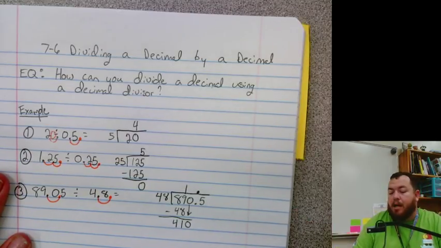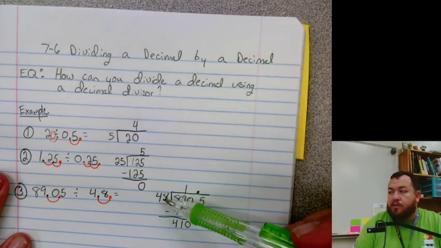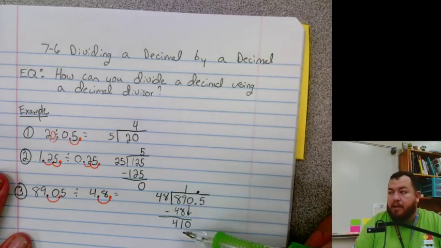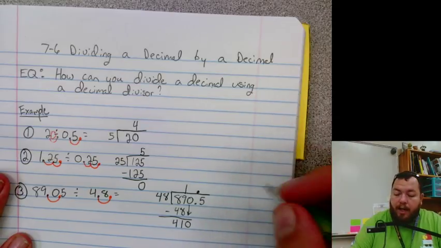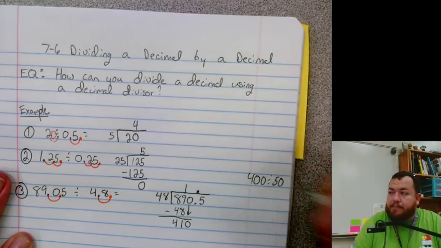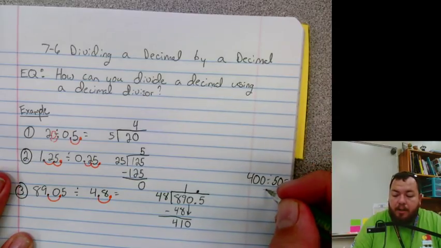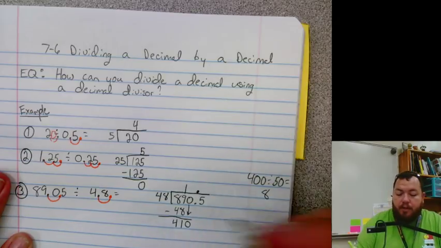Yes. I'm going to guess that. I'm going to round and say that 48 is close to 50 and 410 is close to 400. So I know that 400 divided by 50 equals 8, since 5 into 40 equals 8. So I'm going to try 8 times.